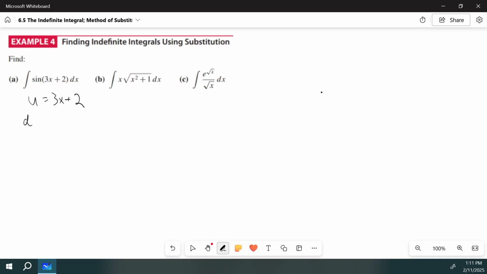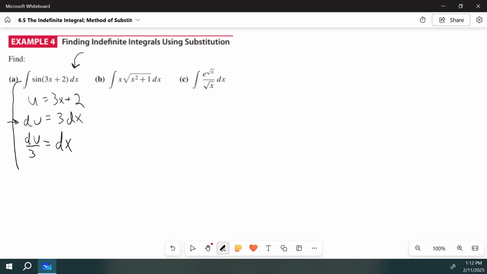Then the differential du is going to be 3 dx. Now notice that there is no 3 dx here, but we can adjust for the constant by dividing both sides of the differential equation right here by 3. So you have du over 3 equals dx.